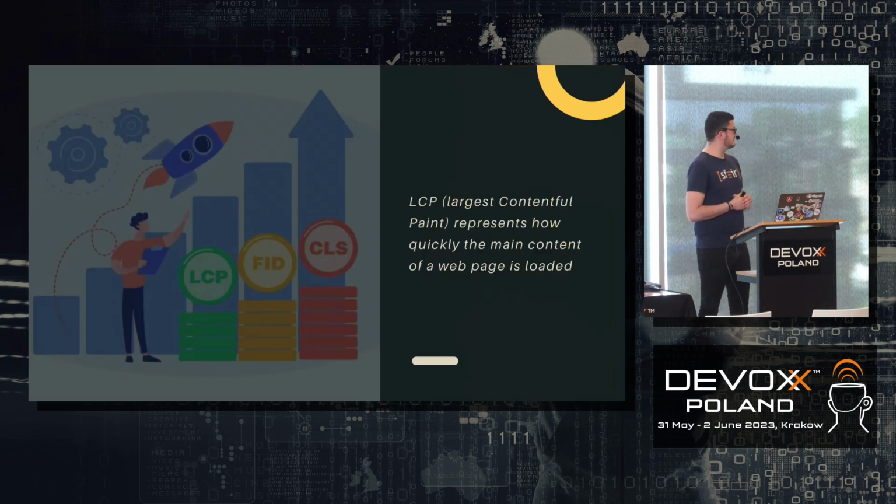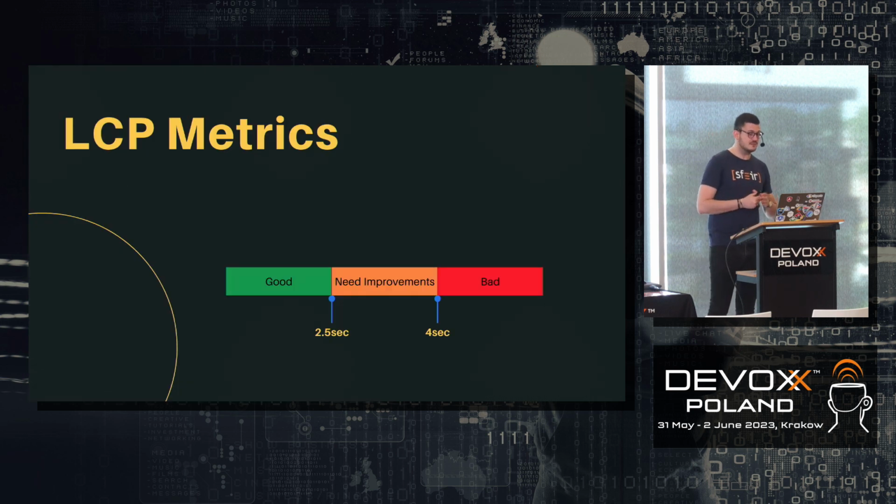So now let's go to the LCP. The Largest Contentful Paint metric represents how quickly the main content of a web page is loaded. In other words, the LCP represents the time it takes the browser to render the biggest block of text of your application or the largest image. So if the LCP metric is less than 2.5 seconds, your LCP score is good.